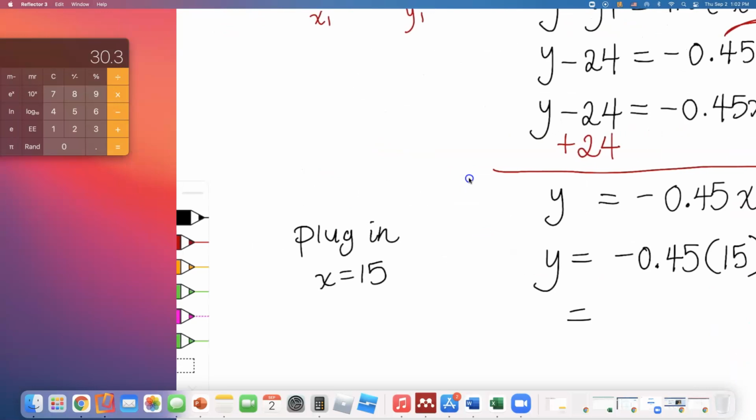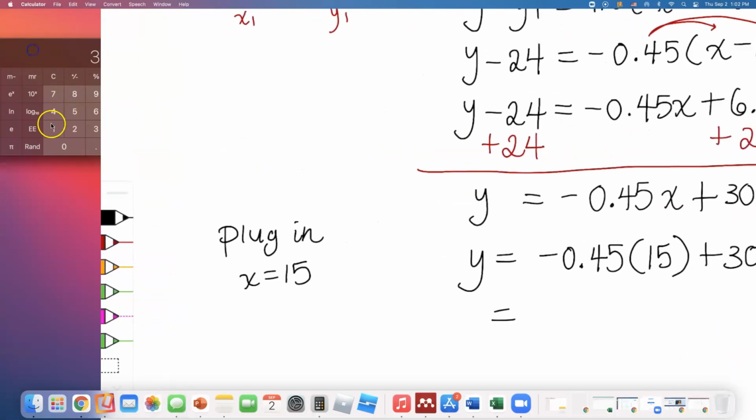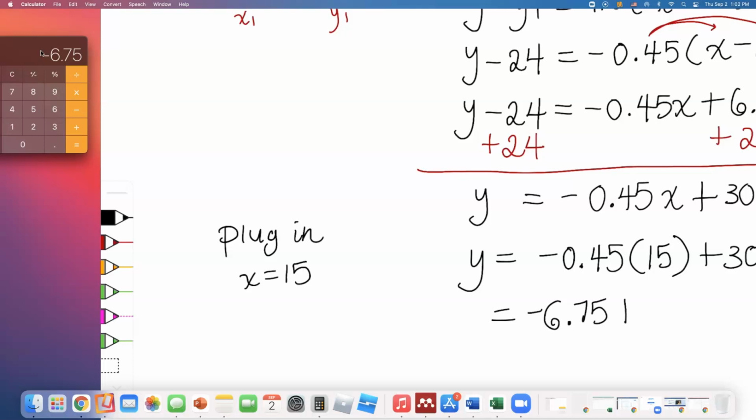So that's going to be 15 times 0.45, and the negative of that, so the first part comes out to be negative 6.75. What they are saying is in 15 hours, the candle will get shorter by 6.75 centimeters.